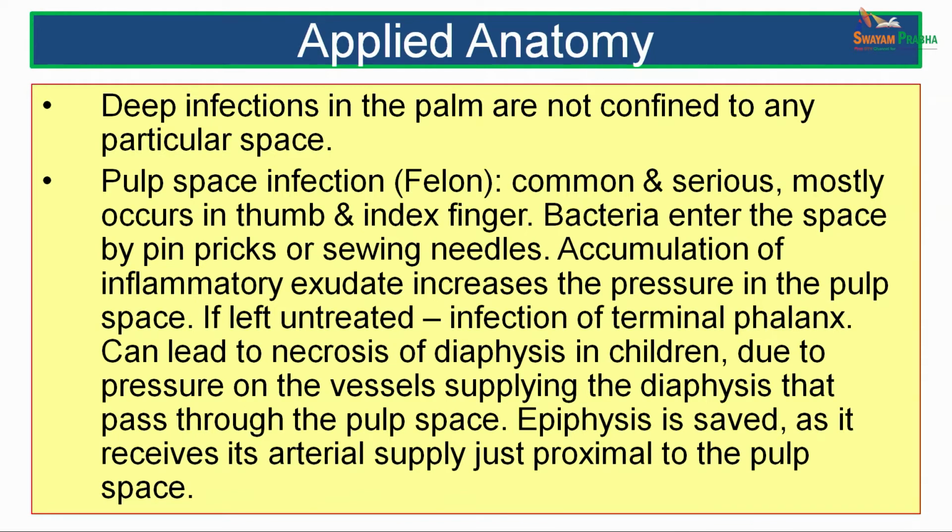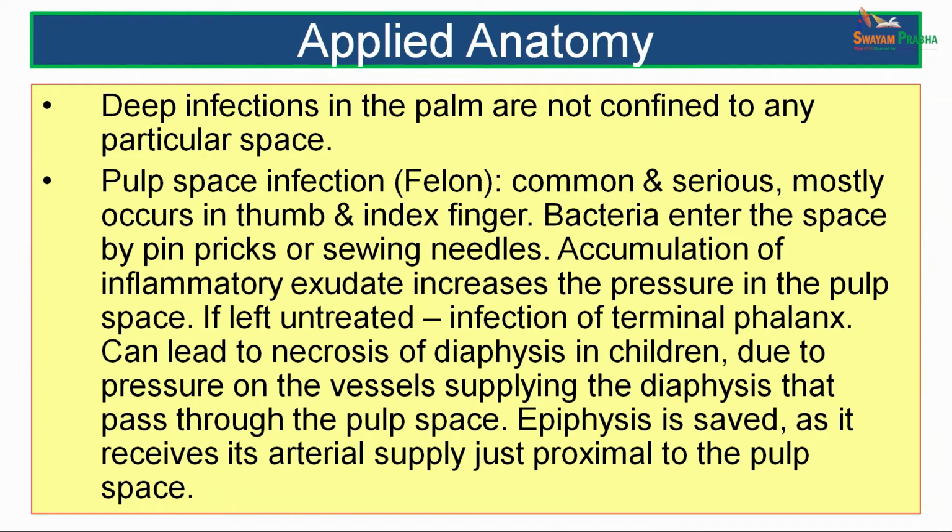Pulp space infection, or felon. It is a common and serious condition, mostly occurring in the thumb or the index finger. The bacteria enter the space by pin pricks or pricks from sewing needles.